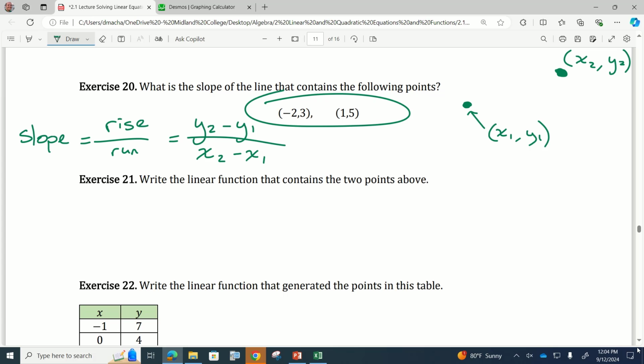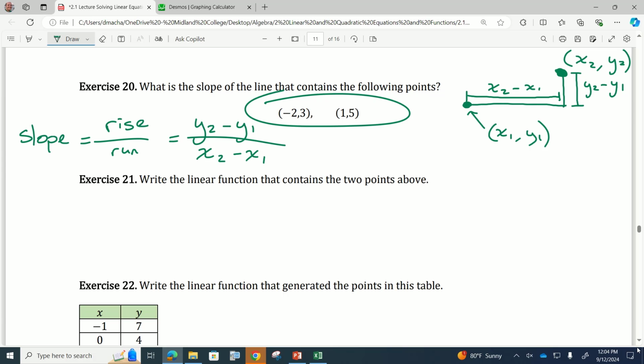And the rise part is really y2 minus y1. That tells me how much change in the vertical direction, how much change in the y direction I get. The run part, the change in the horizontal direction, is x2 minus x1.